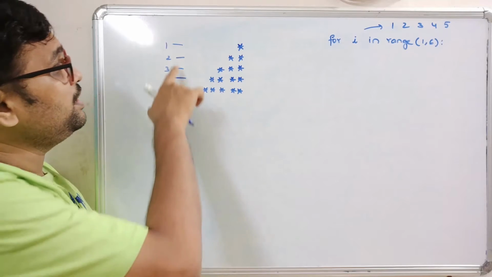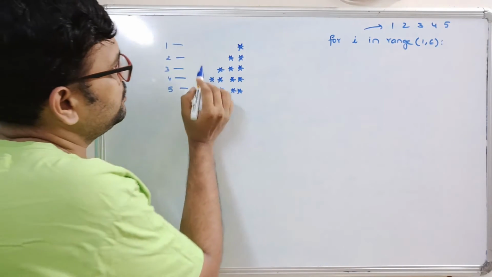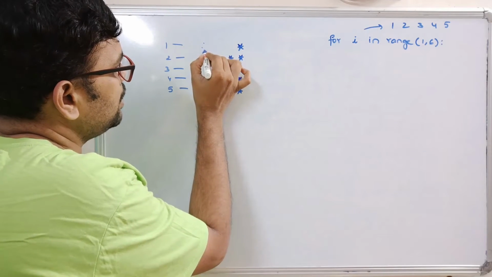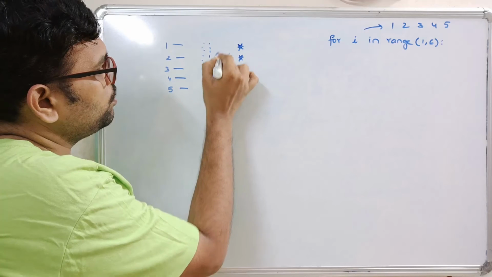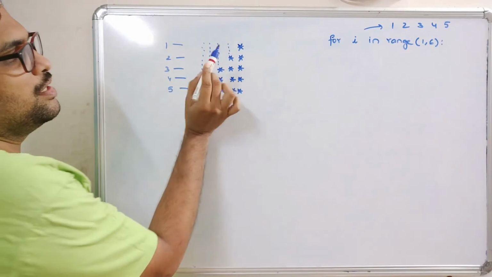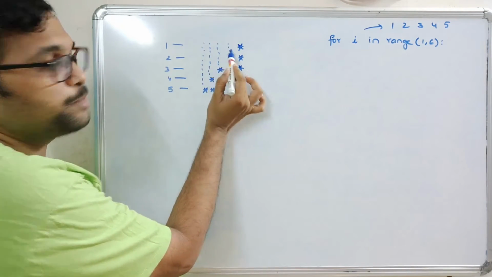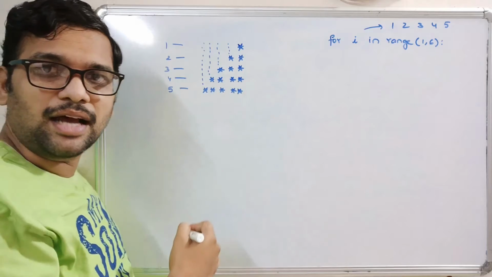So you can see in the first row how many spaces should be given. Starting from here, 1, 2, 3 and 4. See, first line 4 spaces should be there, and at the 5th position we have to give the star.